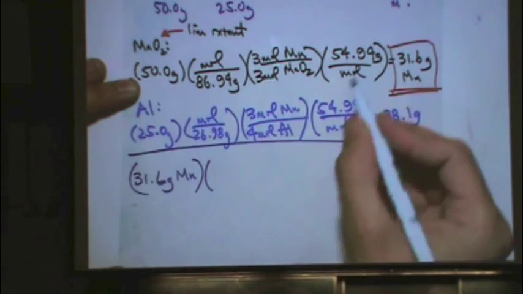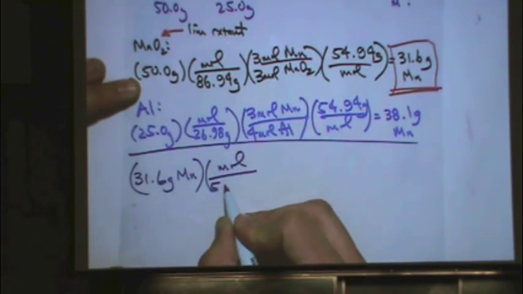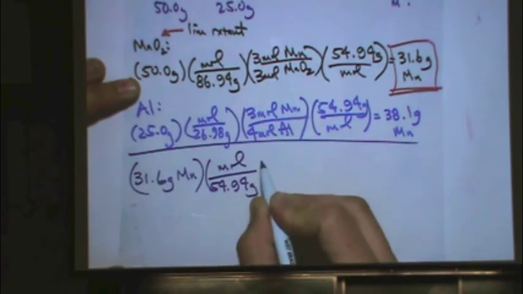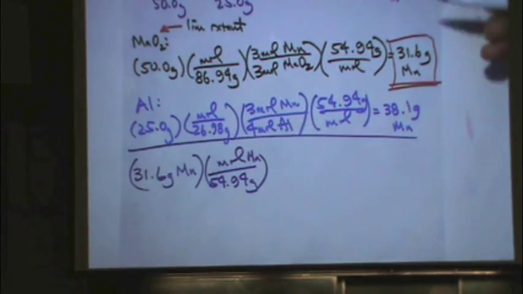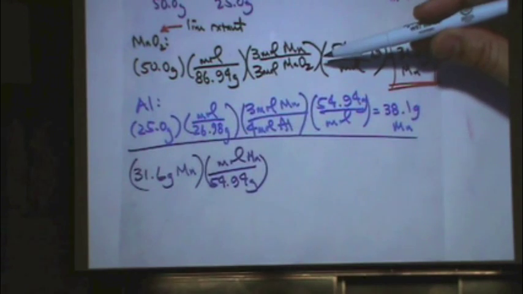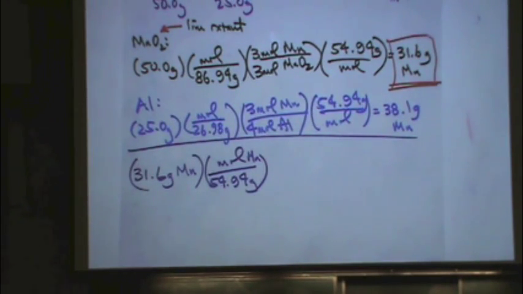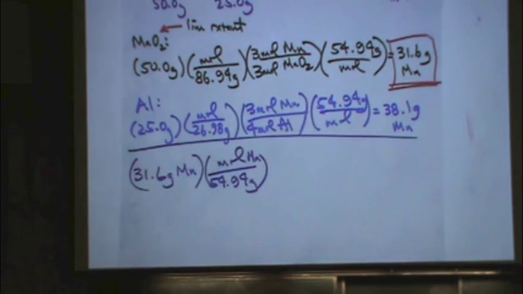So I'm going to redo one of those calculations I just did, using the 54.94 grams. Now I have moles of manganese. Now, unlike this problem here, I'm not going to go to MnO2, I'm going to go to aluminum, the one in excess. So this is like the third bubble here in our flow chart.